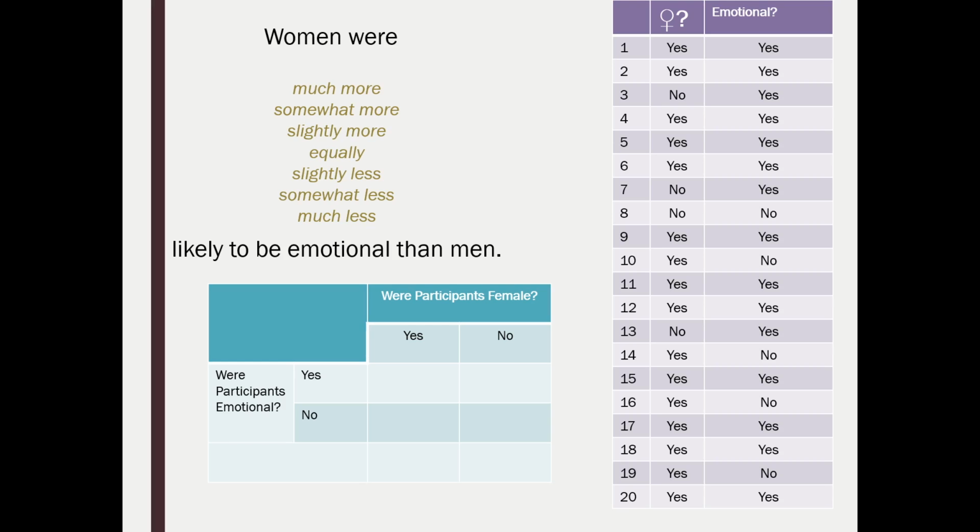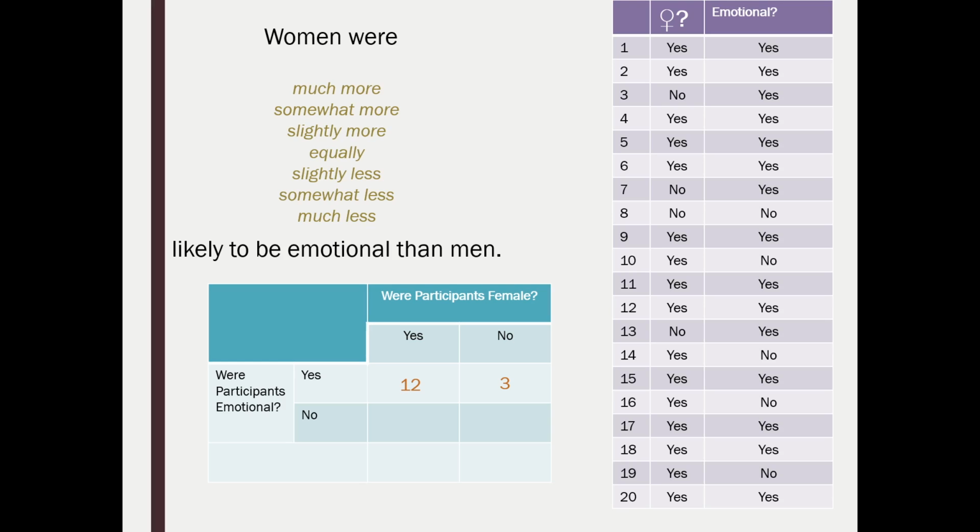Okay, so were the participants female? Yes or no? And were the participants emotional? Yes or no? So to fill in that top left cell, I'm going to look for all the rows that say yes and yes, and that turns out to be 12. Then I'm going to go through and look for all the columns where it says no and then yes, and that was 3.